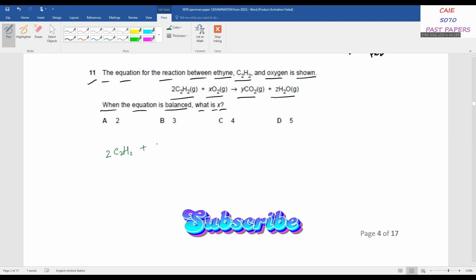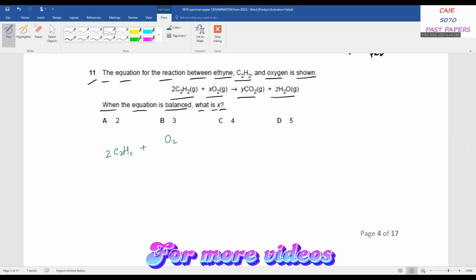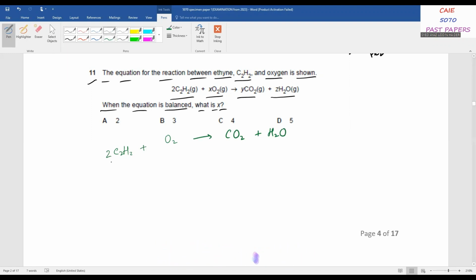2C2H2 plus XO2. I'm not writing X here. Getting CO2 plus H2O. Now start balancing the equation. We have 4 carbon atoms on the left hand side or the reactant side of the reaction. So I will write 4 before CO2.